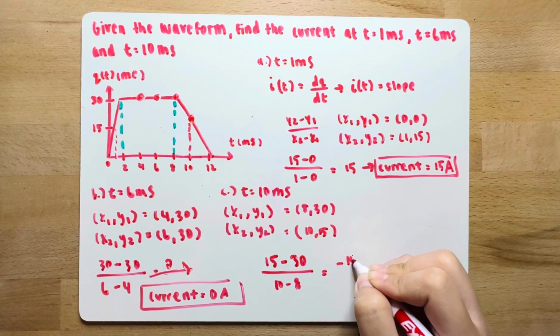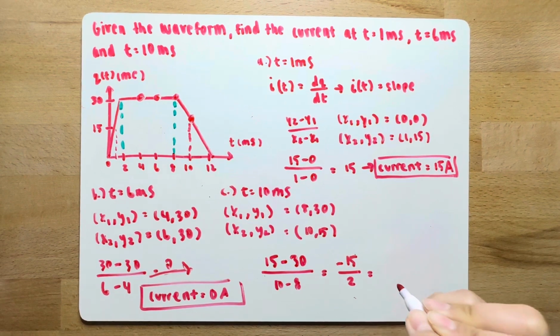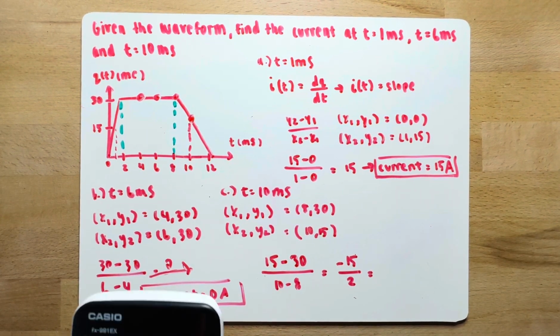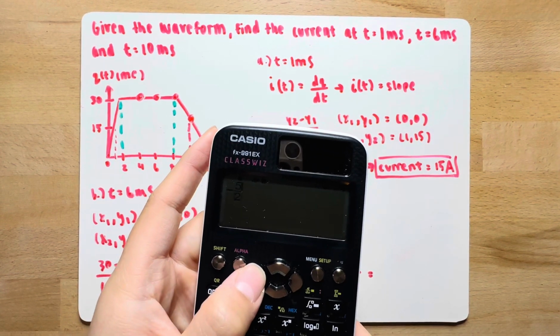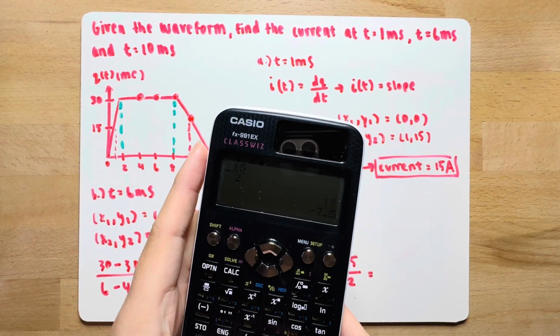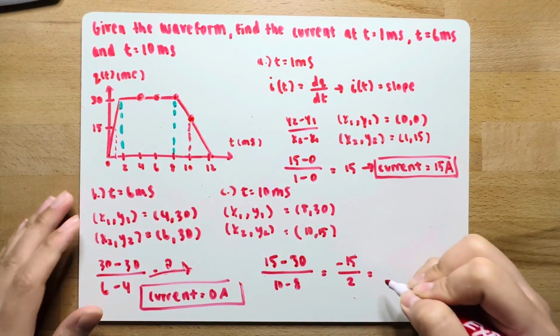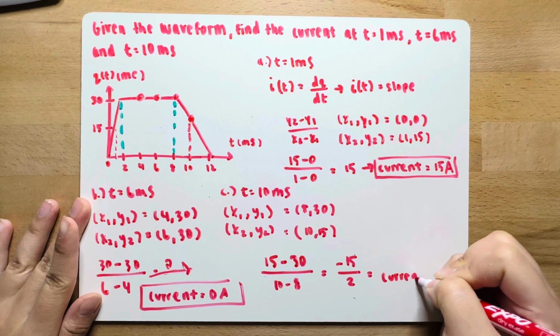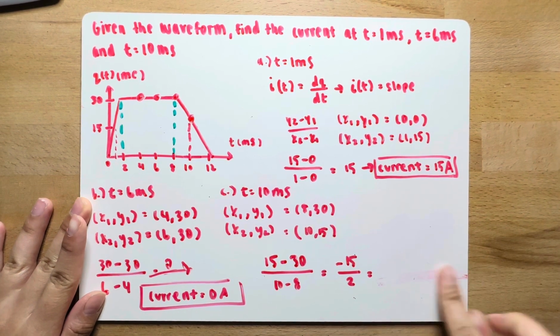You get negative 15 over 2. So the slope of this is negative 15 over 2, which is negative 7.5. Current equals negative 7.5 amps. Let me write it down here so you can see the whole thing.